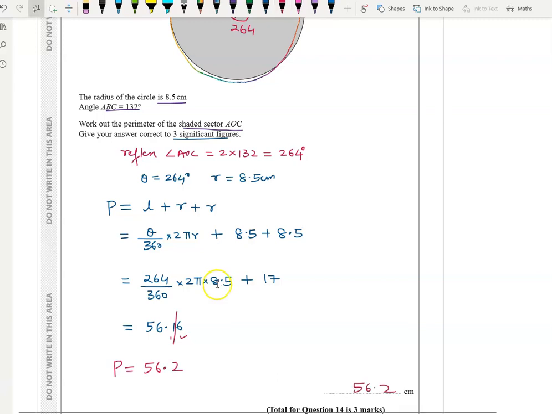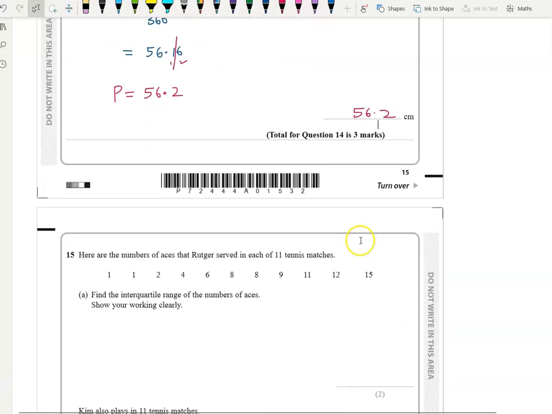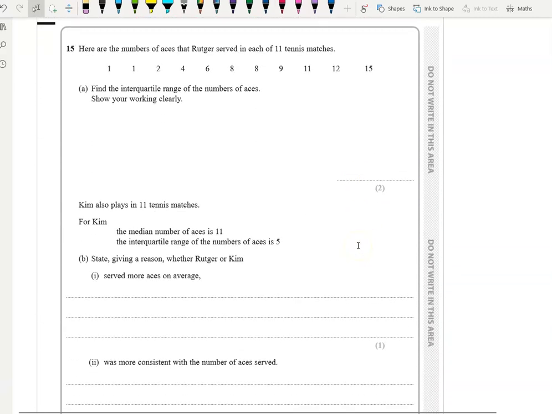Okay. Next question, that is number 15. Here are the numbers of aces that Rutger served in each of the 11 tennis matches. So the total number of matches is odd. Find the interquartile range for the number of aces. Since the total number is odd, 8 will be your median value. So you have 5 numbers on each side. This is your median, which is Q2.